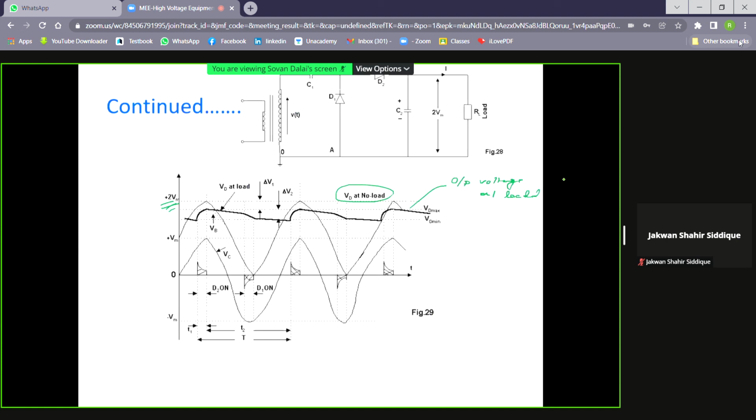Okay, and this is called the VD at load.